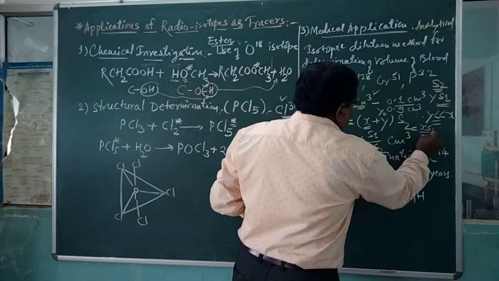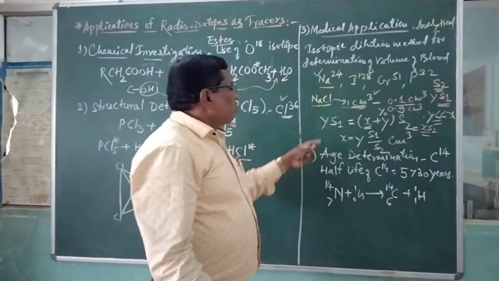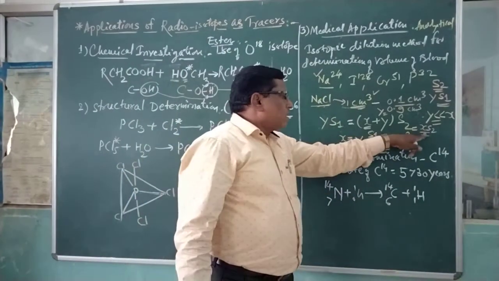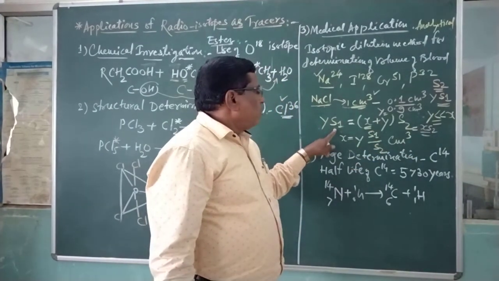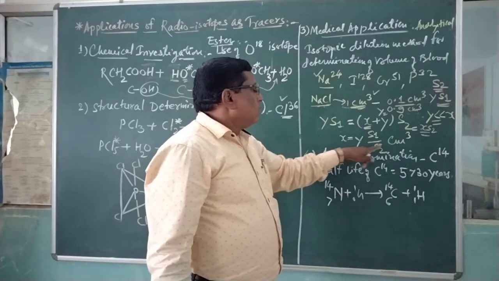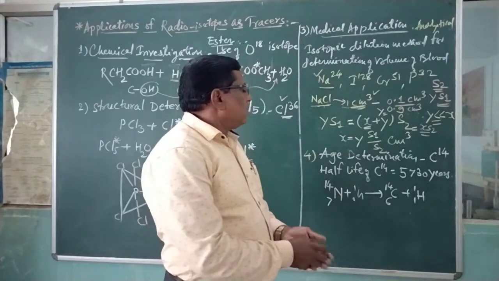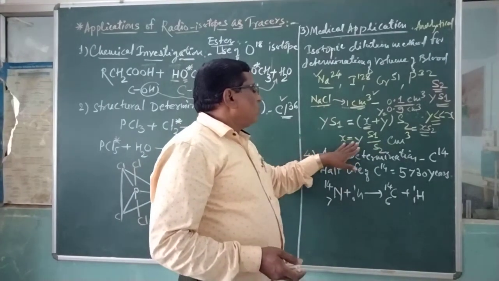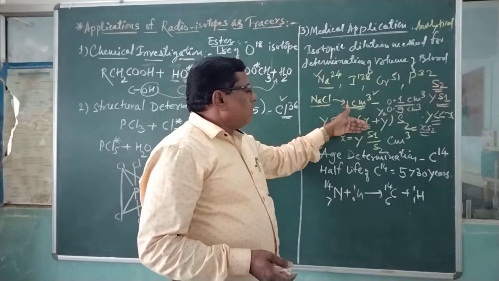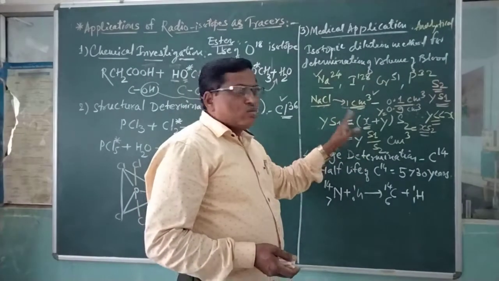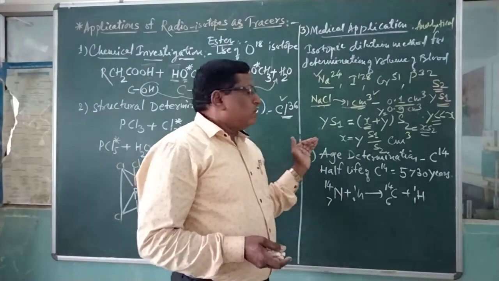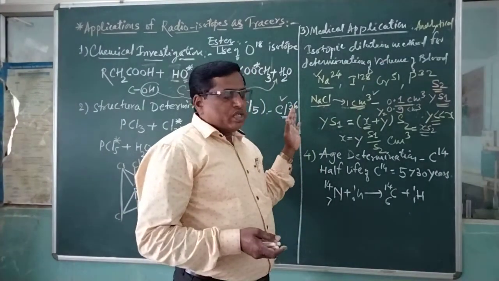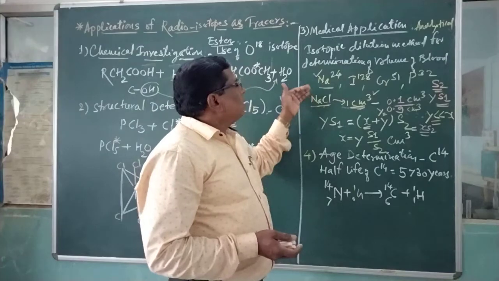We solve y S1 equals x S2, meaning x equals y S1 divided by S2. Substituting the values of S1 and S2, the total blood in the patient's body can be obtained. Now this is the third application.